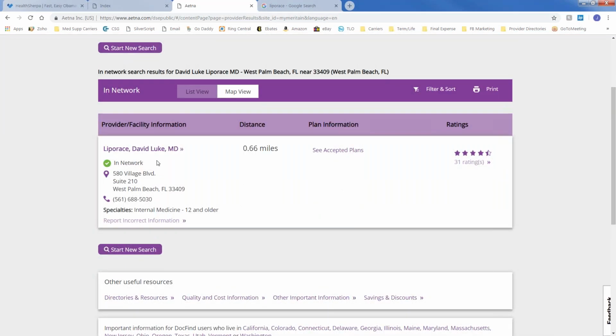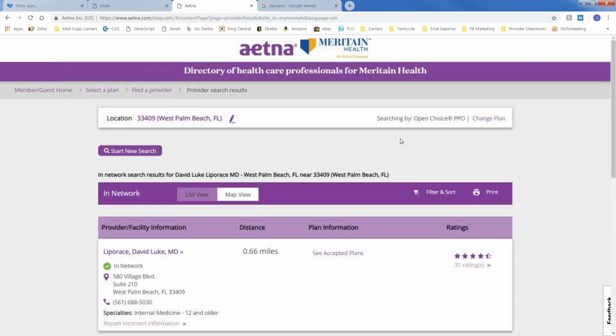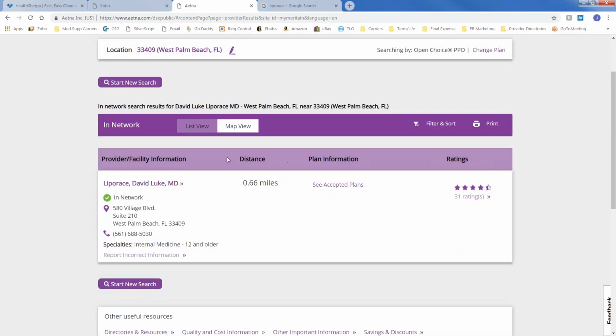There's my doctor in network in the Aetna Choice PPO. So if I was the client and you were presenting this to me, you would confirm that my doctor was in the network. It doesn't mean that you can't see any doctor. It just means that when you work with doctors in the network, the client or the customer would get a repricing. They would get the network discount.